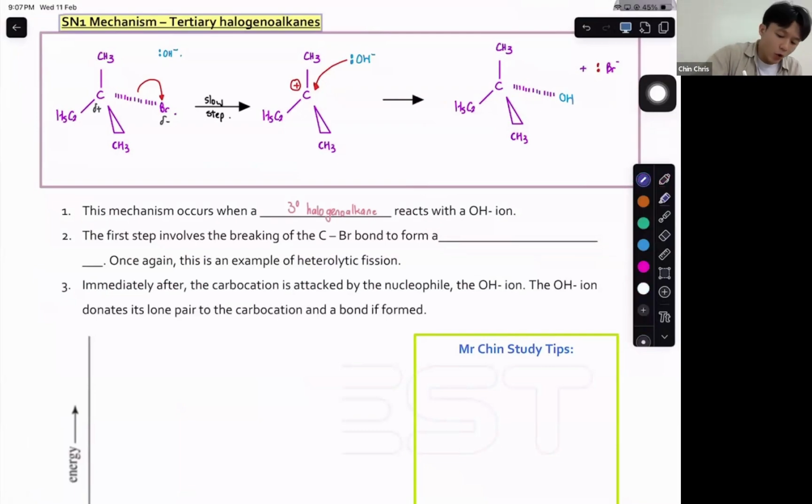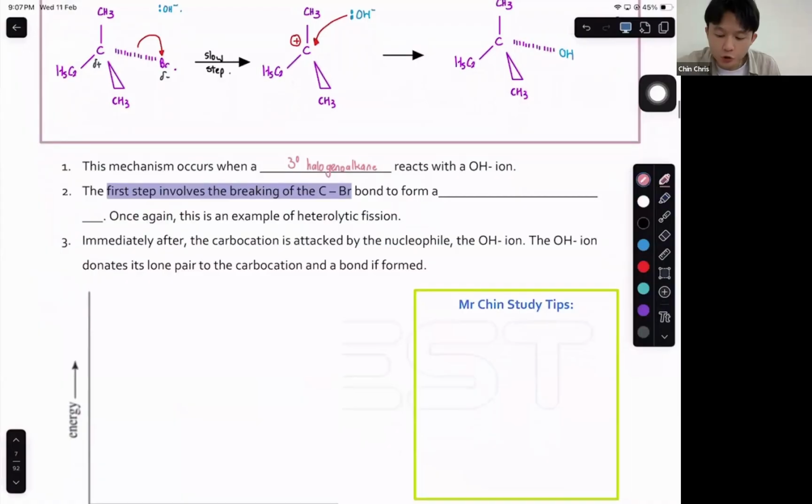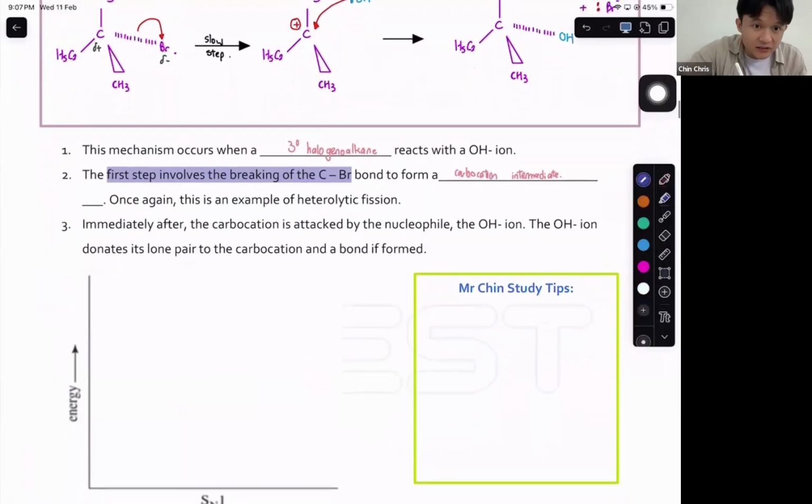So the first step always involves a breakup first. You have to break it first, to turn into a carbocation intermediate. So to make the carbon atom available first, a breakup has to happen first. And after that, the carbocation attacks the nucleophile.